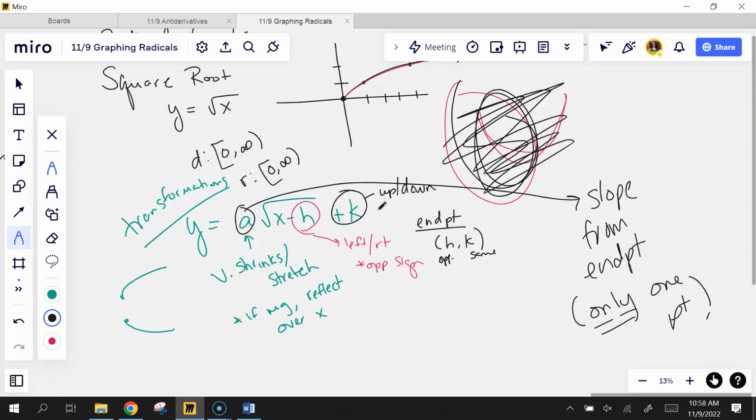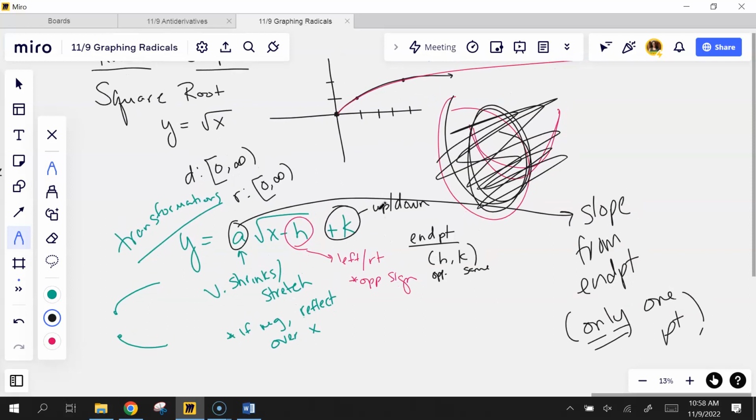In other words, in this parent graph, my A is 1. So I start at 0, 0, and then if I do a slope of 1, that's up 1 over 1. It doesn't work for any other points. It only works for the very first point to do it that way. From here, the slope doesn't work that way. But really all I need is 2 points to graph it. So you can graph the second point that way. Okay? Now, let's do an example and bring it all together.